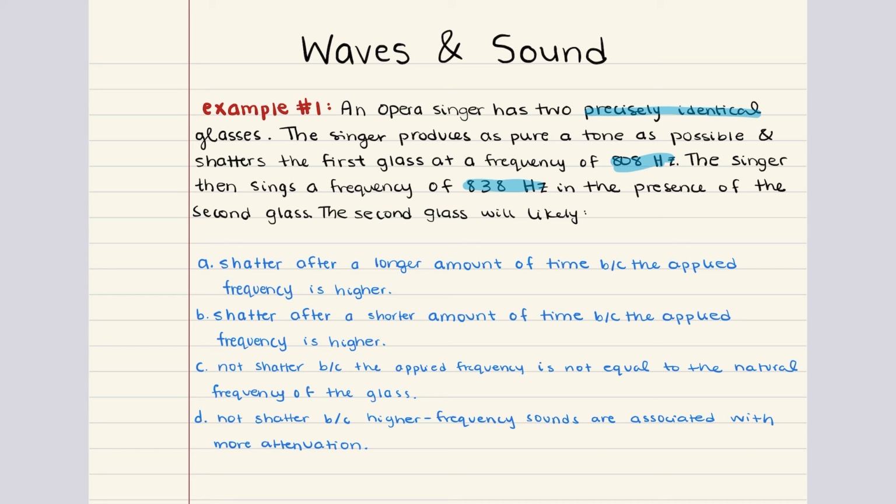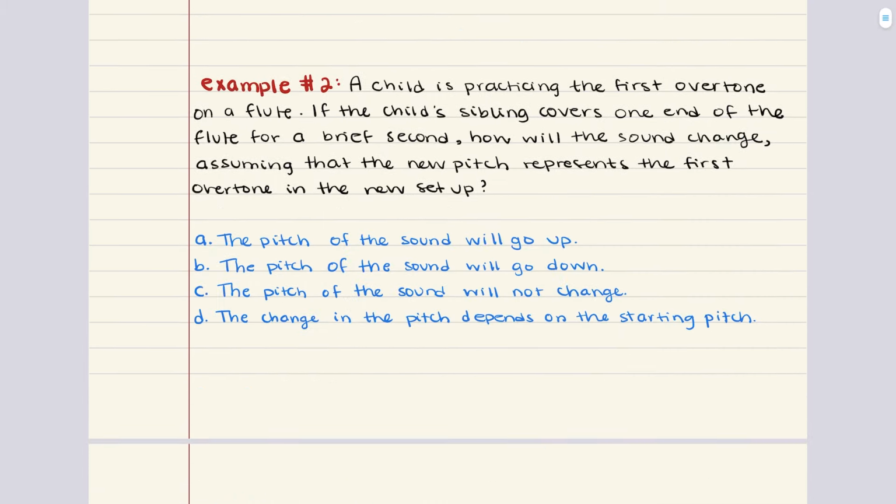And without resonance, the glass is not going to shatter. And that makes the correct answer choice C. The second glass will likely not shatter because the applied frequency is not equal to the natural frequency of the glass. Awesome. Let's move on to problem 2.